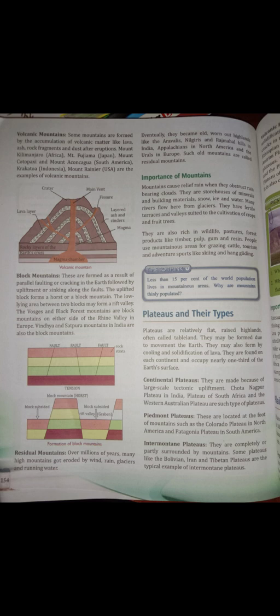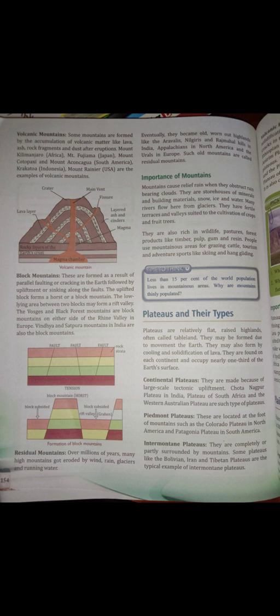Residual mountains. Over millions of years, many high mountains got eroded by wind, air, glacier and running water. Eventually, they became worn-out highlands like Aravalli, Nilgiri, Rajmahal Hills in India, Appalachian in North America, and Urals in Europe. Such old mountains are called residual mountains.